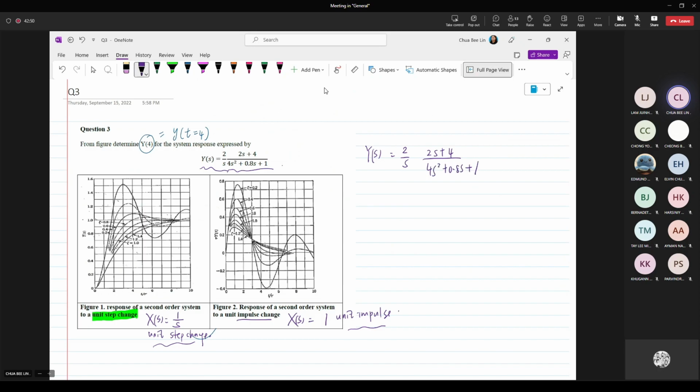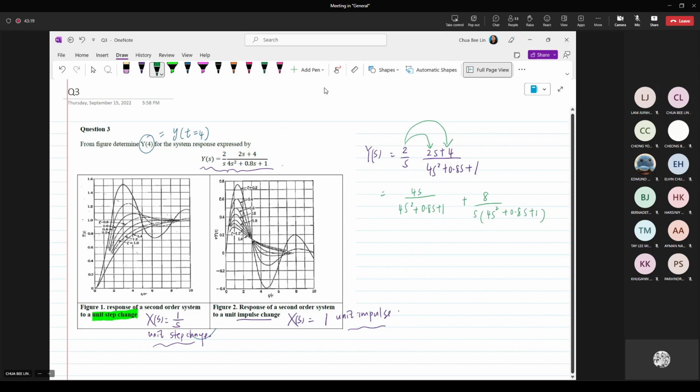So this is like multiplied 1 time, multiplied 2 times. So you will be having 4s over, the denominator will be the same, so just copy, 4s squared plus 0.8s plus 1, then plus 8 over s, then the same denominator, 4s squared plus 0.8s plus 1.